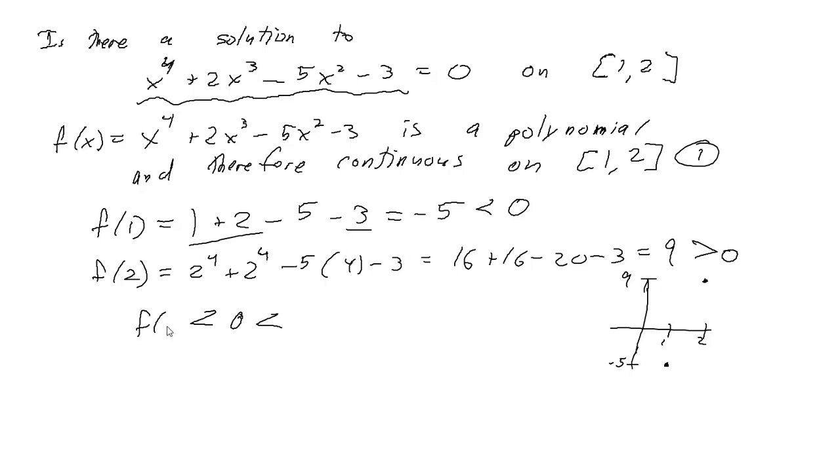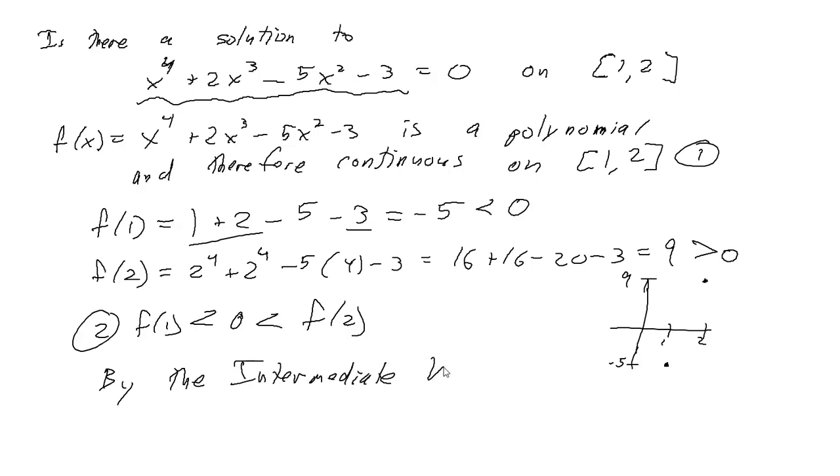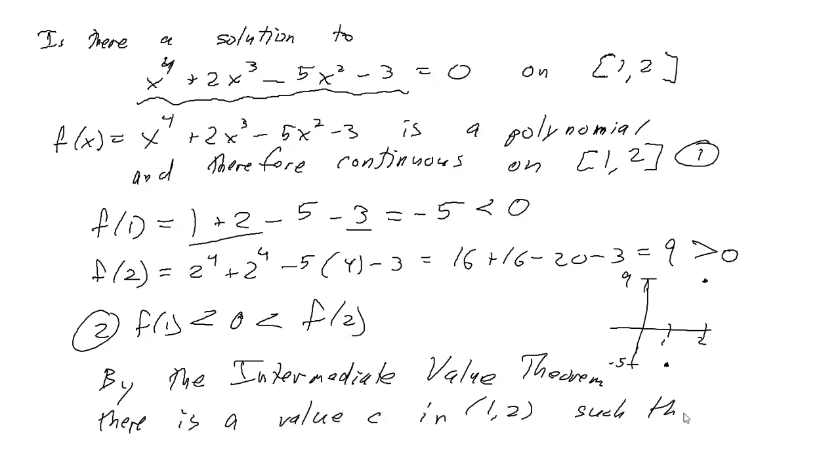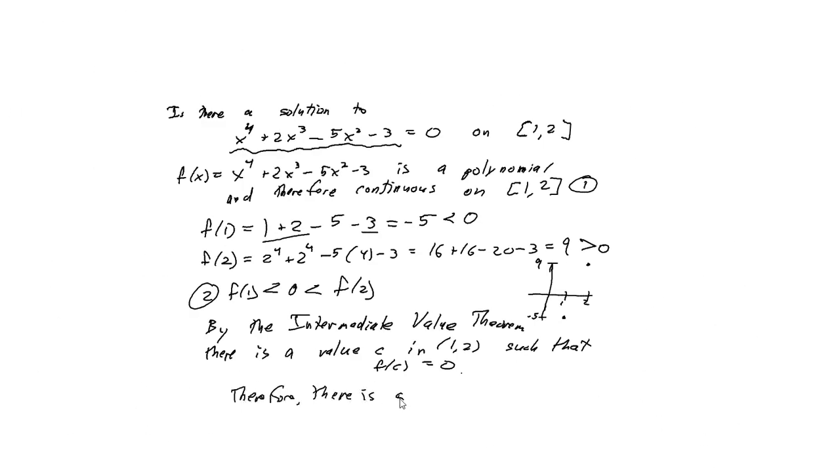F of 1 is negative, f of 2 is positive, so this is our second condition. So we can say by the intermediate value theorem, there is a value c in the open interval 1, 2, such that f of c is equal to 0, and therefore there is a solution to this equation.